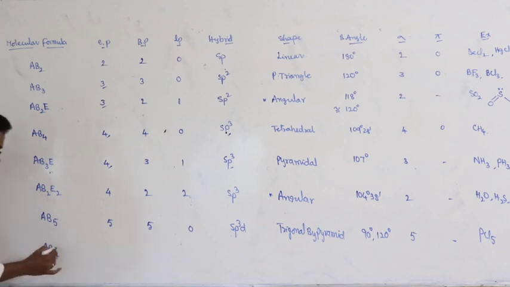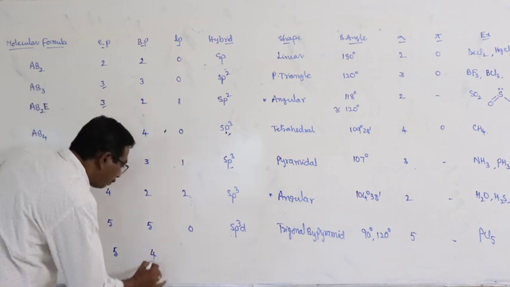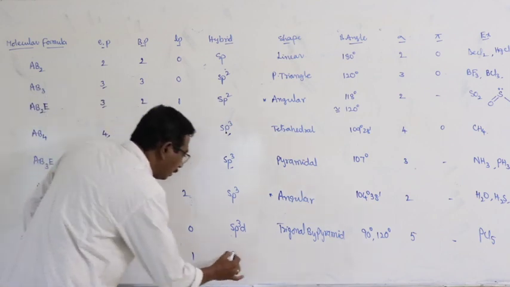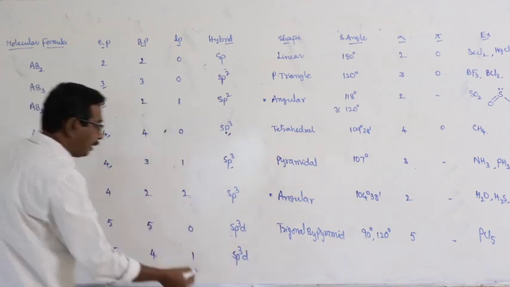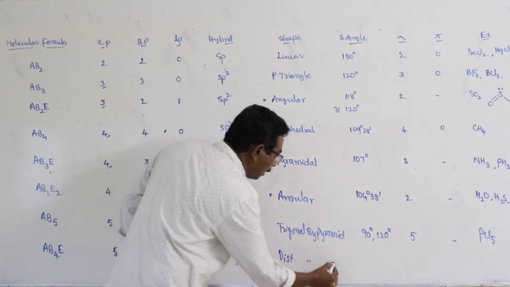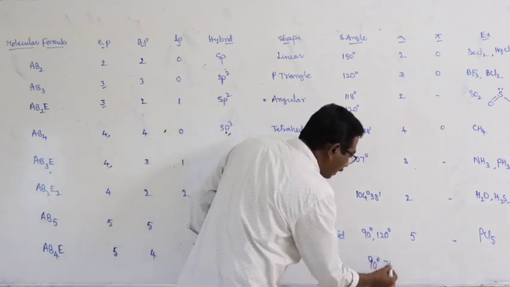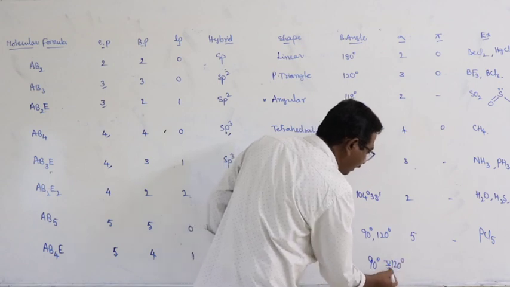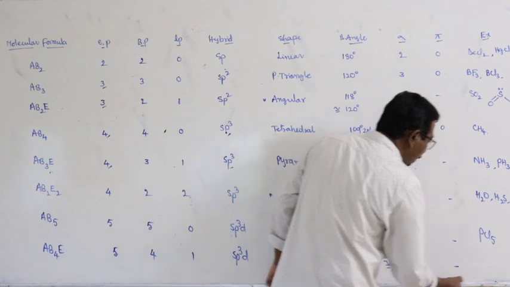One bonded atom is taken out and I am adding a lone pair. Total number of electron pairs 5. Number of bond pairs 4. Lone pairs 1. Type of hybridization remains the same, sp3d. Here the shape is distorted trigonal bipyramidal. Bond angles nearly 90 degrees and 120 degrees. Number of sigma bonds 4, no pi bonds.